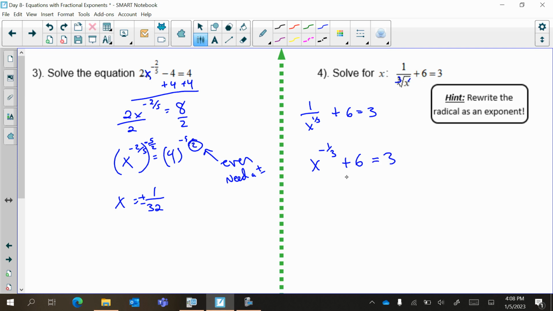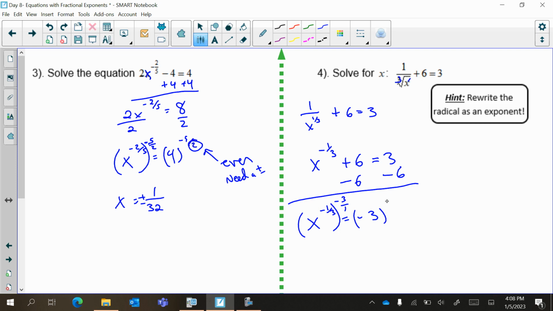From there, isolate the base. The base is x, it's attached to the exponent. So I'm going to subtract 6 from both sides. And then we're going to raise both sides to the reciprocal power.